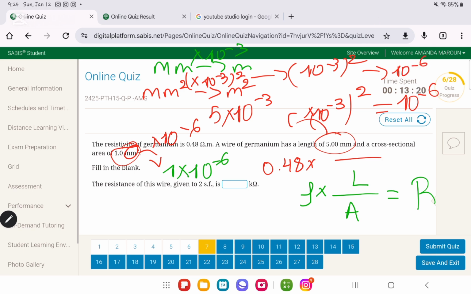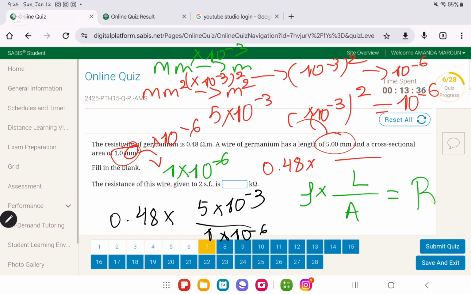Now we are given everything. We have the resistivity, which is 0.48, times the length, which is 5 times 10 to the power of negative 3, divided by the area, which is 1 times 10 to the power of negative 6.